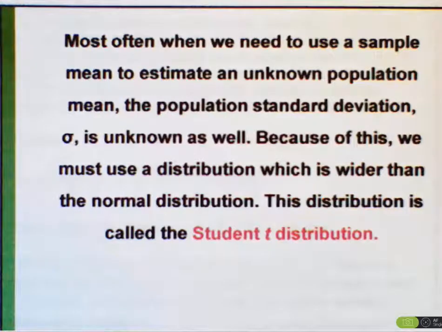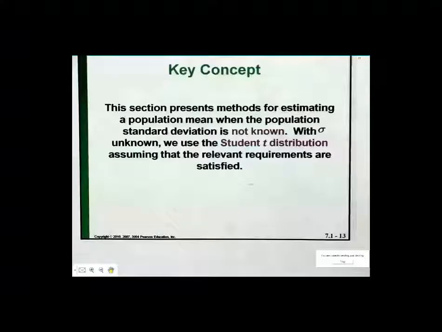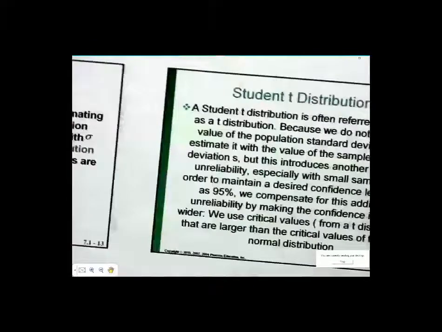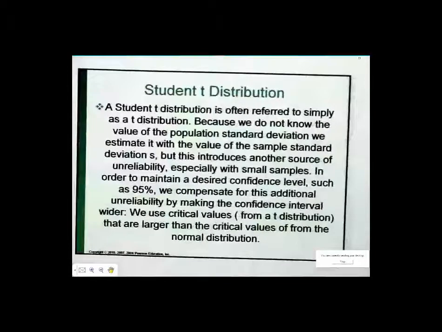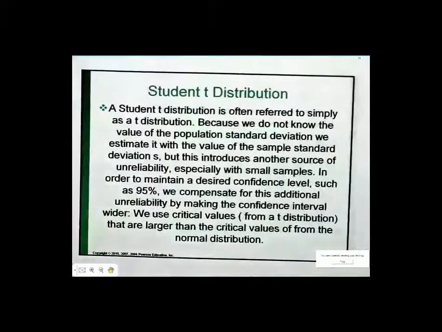We use a student t-distribution, also just known as a t-distribution. Because we don't know the value of the population standard deviation, we estimate it with a value of the sample standard deviation, but that's a little bit off.